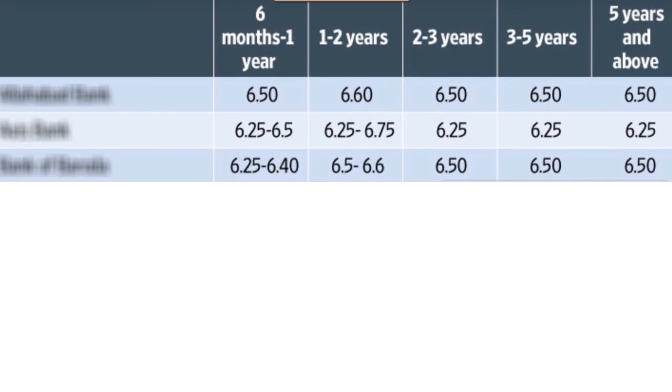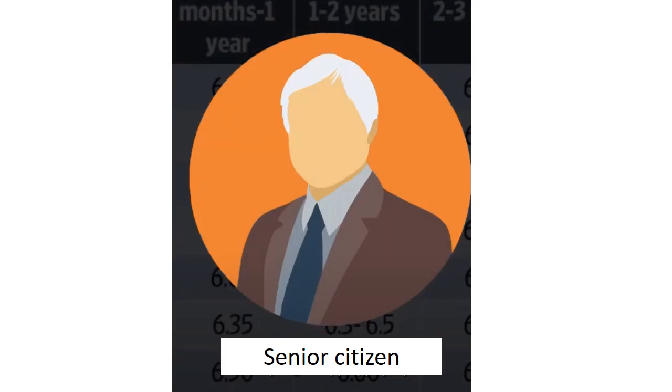However, these rates are different in different banks. So as you can see, the rates of interest are different in different banks. And students, senior citizens get a slightly greater rate of interest than usual.